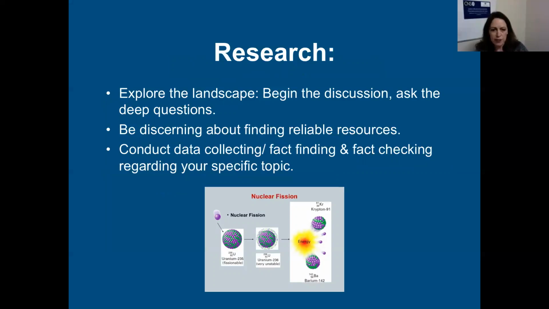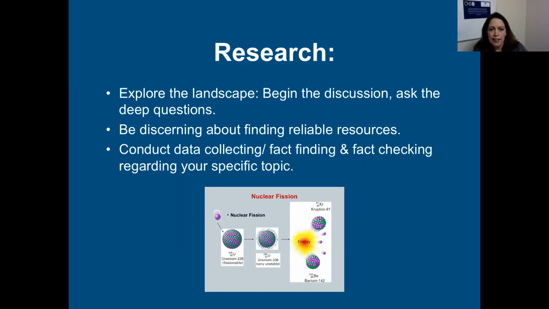Do they have to define anything related to certain processes like nuclear fission or fusion? Do they have to discern between those two things? Where do they want to begin their discussion and conversation? And what kind of resources are going to be most useful and fruitful to them?